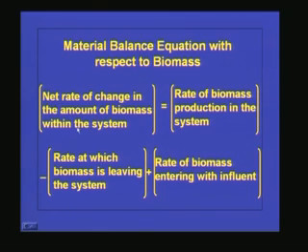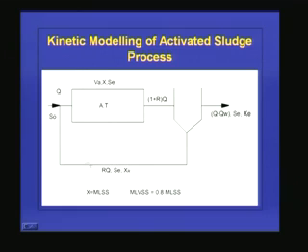The net rate of change in the amount of biomass within the system is equal to the rate of biomass production in the system, minus the rate at which biomass is leaving the system, plus the rate of biomass entering with the influent. We are taking the biomass concentration in the aeration tank of the activated sludge process.